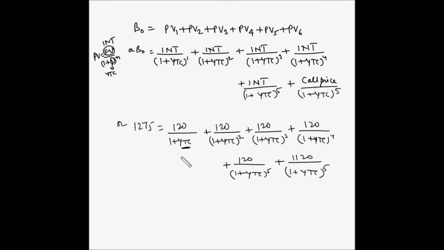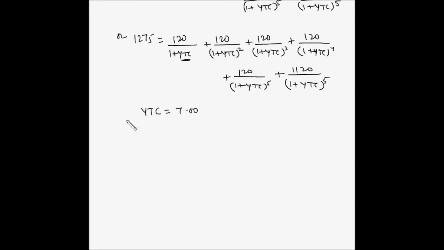So let us first enter the value of yield to call as 7. So we'll equate the right hand side and then compare the outcome with the left hand side.